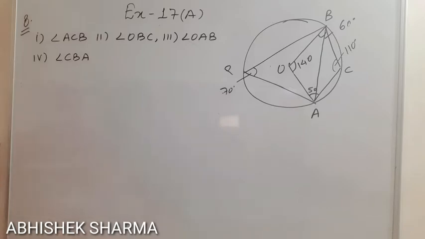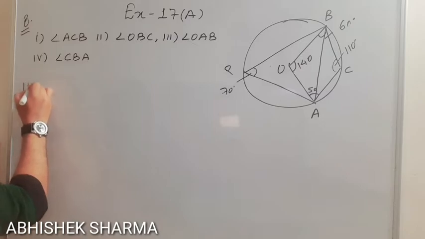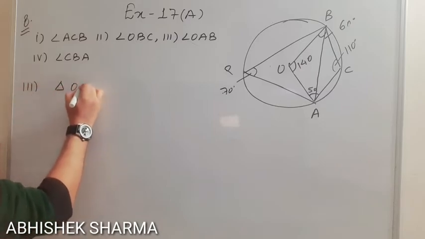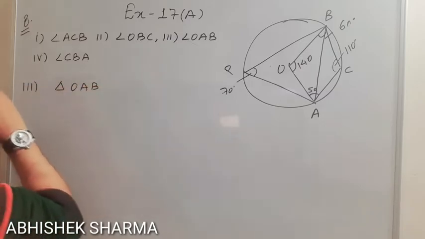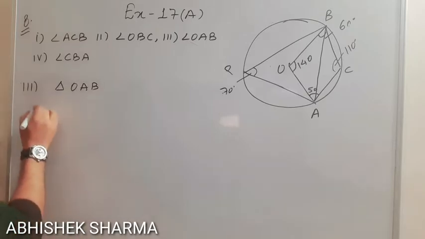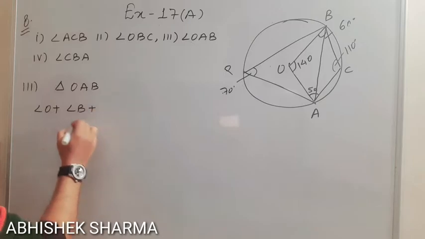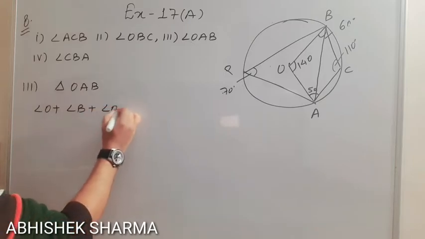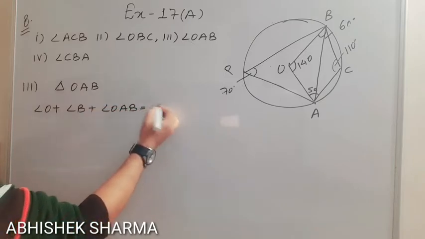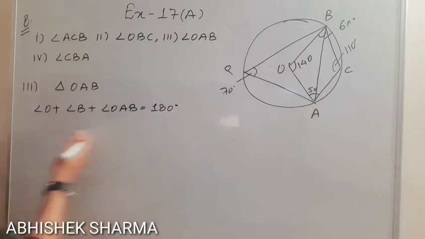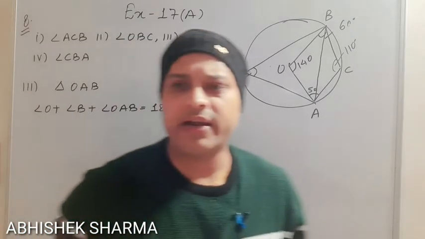Now it has become very easy if we look at this triangle. Third part, triangle OAB. So my dear students, can I write angle O plus angle B plus angle OAB is equal to 180, angle sum property, right? This is very easy, angle sum property that I am using.